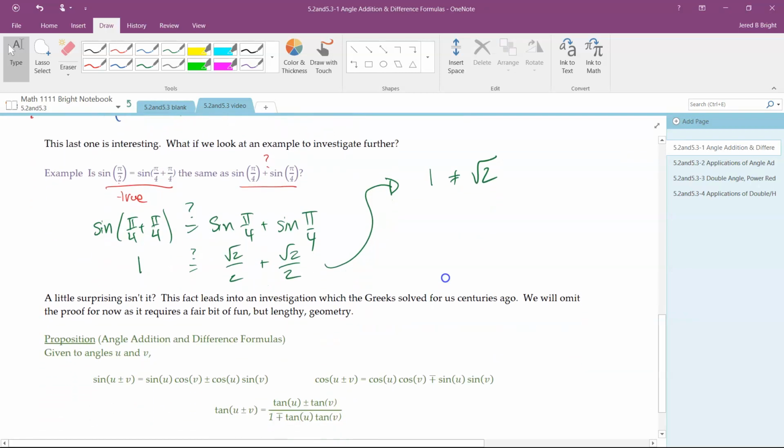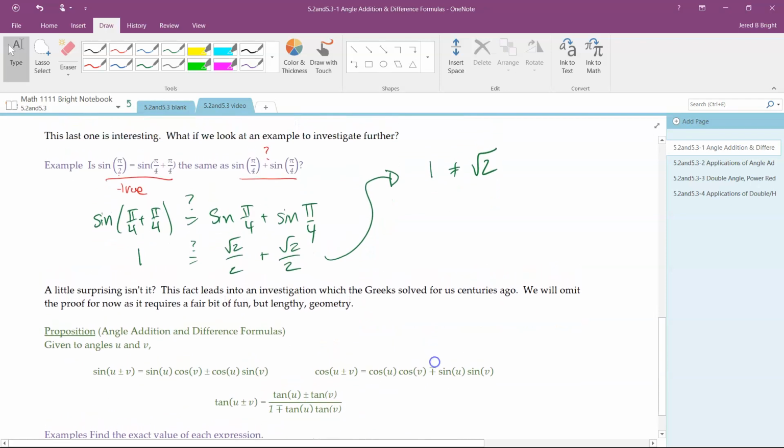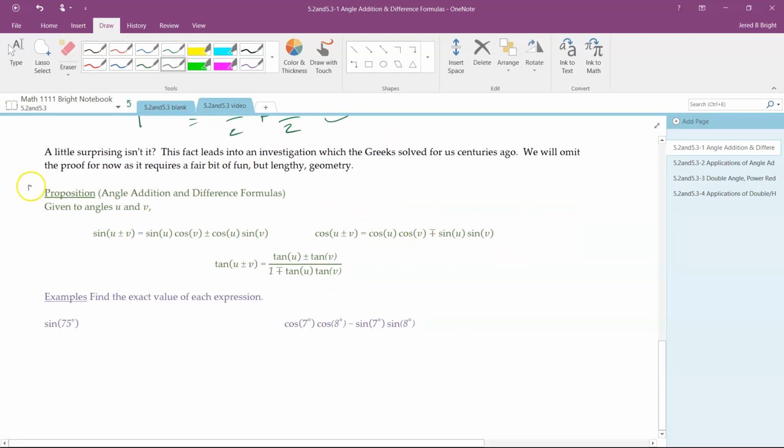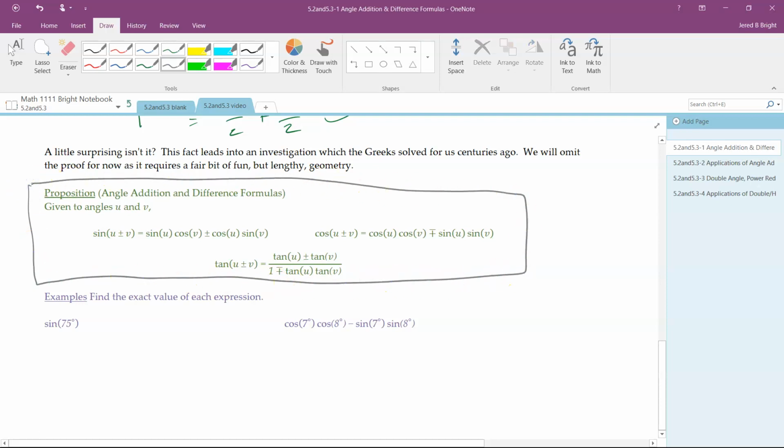They came up with and did extensive proofs using geometry of the angle addition and difference formulas, which you can see here in green. Yes, these are things that you are going to have to know, particularly when you go into calculus, because you end up using these identities frequently.